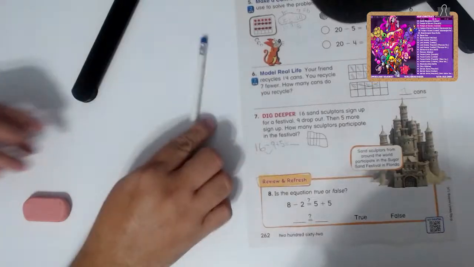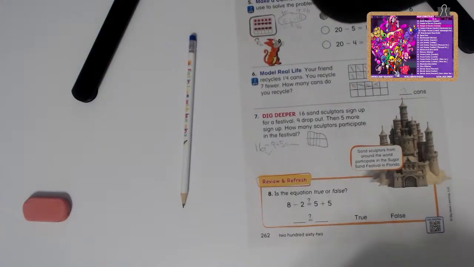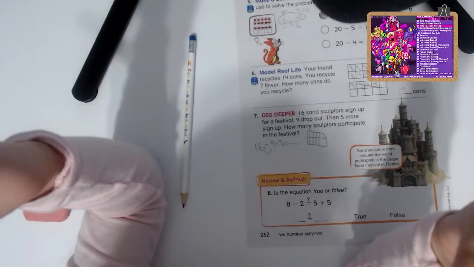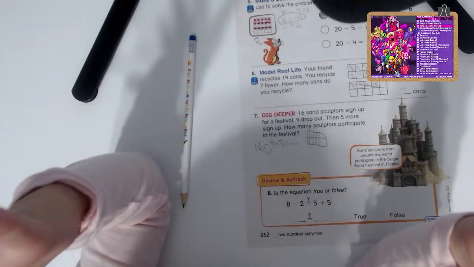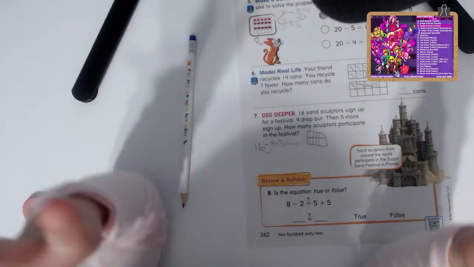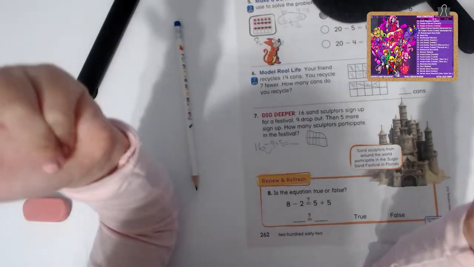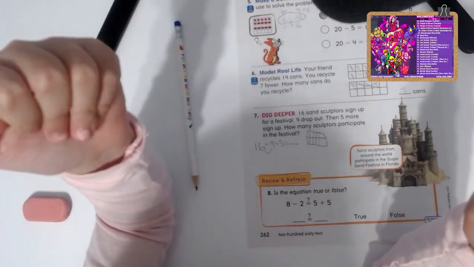We do 16 in my head, subtract the 9. 16, 15, 14, 13, 12, 11, 10, 9, 8, 7.